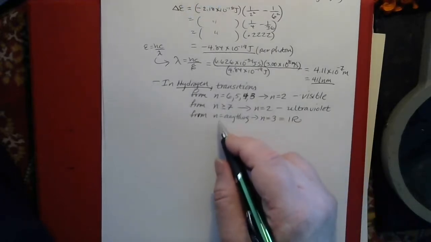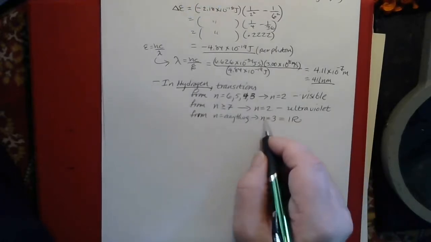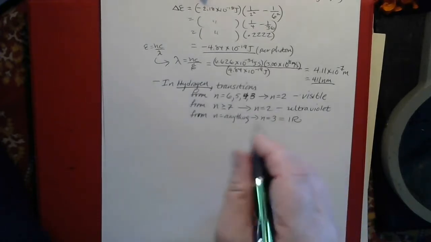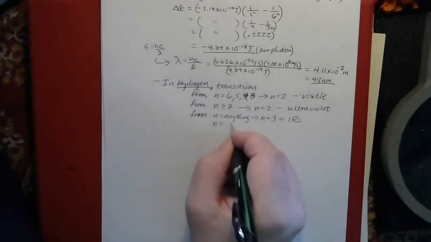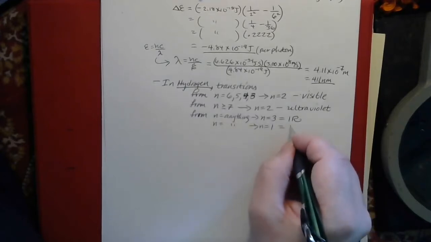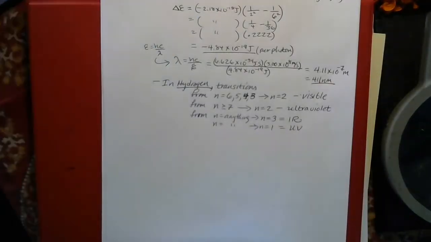And transitions from basically n equals anything ending up in n equals 3 would be in the infrared. And anything that goes all the way down to n equals 1 is, again, ultraviolet.